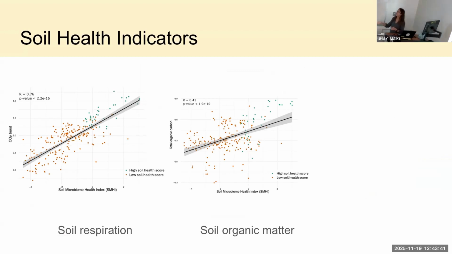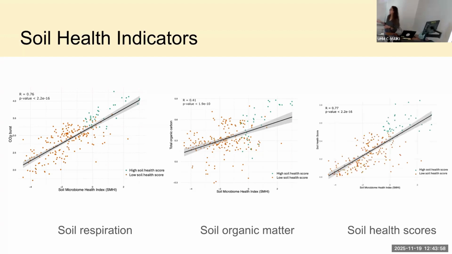There is a weaker correlation between the soil microbial index and the total organic carbon, but we can see this tendency that as you have a higher soil microbial health index, there is an increase in the CO2 burst and even a weaker increase in the total organic carbon as well. And then finally, we looked at the correlation between the soil microbial index and the soil health scores that Tai was talking about before, to see if we could predict them. And we also saw this correlation between the index and the soil health scores.